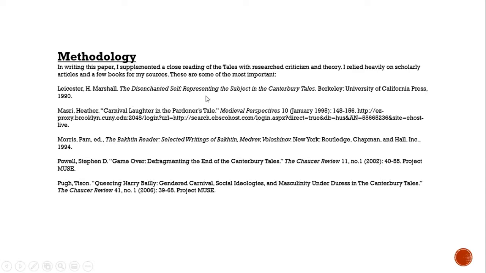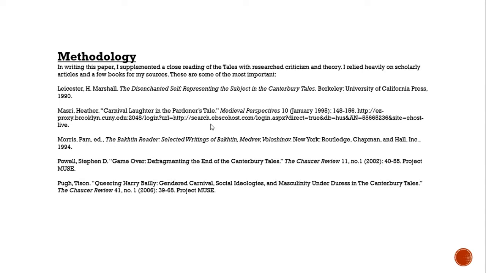Marshall Leicester's The Disenchanted Self: Representing the Subject in the Canterbury Tales. This was a book I leaned very heavily on for crafting my own ideas. Heather Mastrey's Carnival Laughter and the Pardoner's Tale. So that's looking at one individual tale.